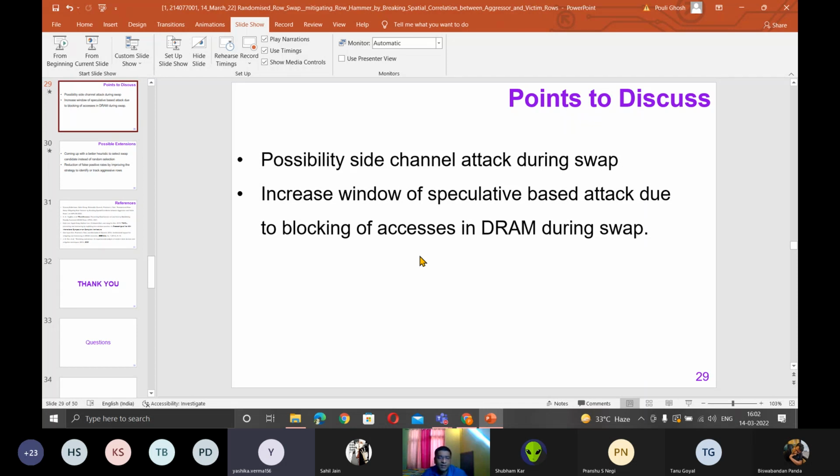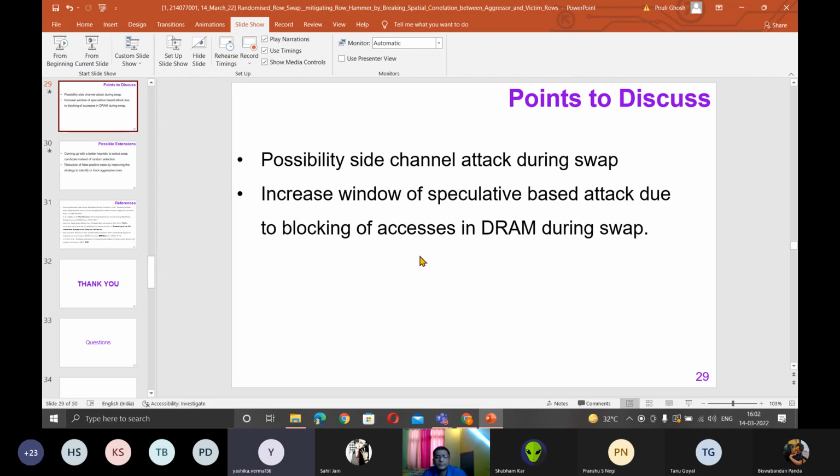But maybe we need to think about what can be extracted by observing this event over a continuous period of time. If this is observed, then something about the row swapping might be observed with this timing.